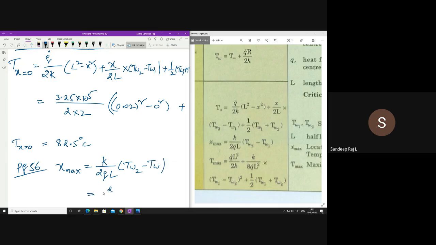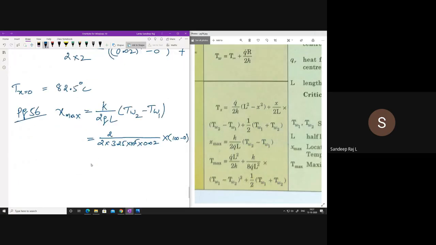The K value is 2, given in the question, 2 into 3.25 into 10 to the power of 5 into L, L is 0.02, and TW1 minus TW2 is 100 minus 0. So you'll get X max as 0.013 meters.